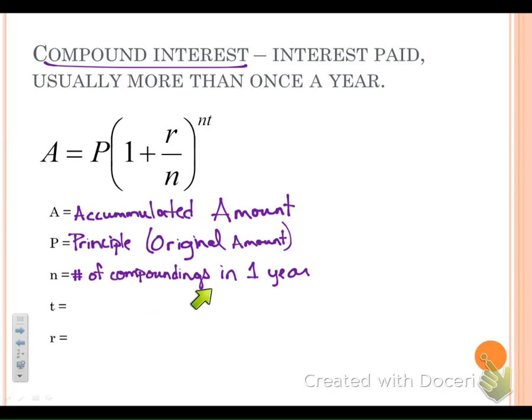Here's what I mean by number of compoundings in a year. You're going to see this is compounded quarterly. Quarterly means you're doing it 4 times a year, so 4 would be your N. You might see compounded monthly, which is actually typical if you use a bank. Monthly would be 12 times in a year.